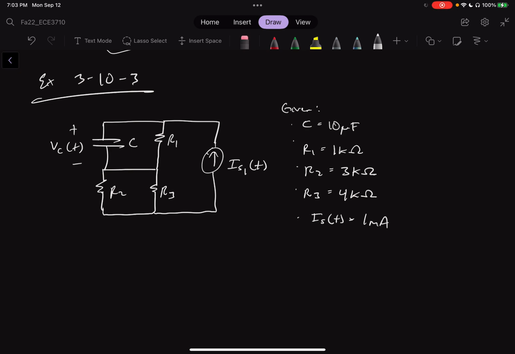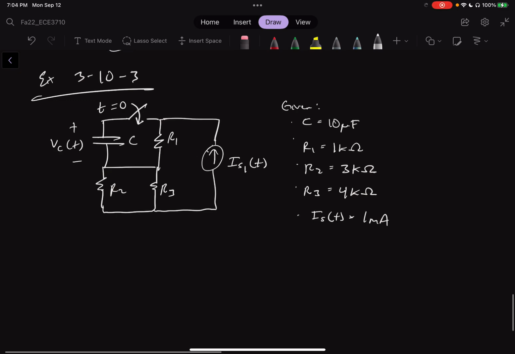The switch closes at time equal to 0. So again, the drawing is showing that the switch closes at time equal to 0.